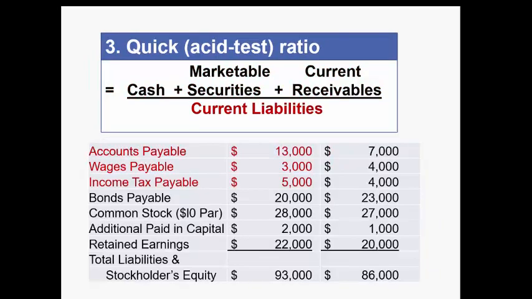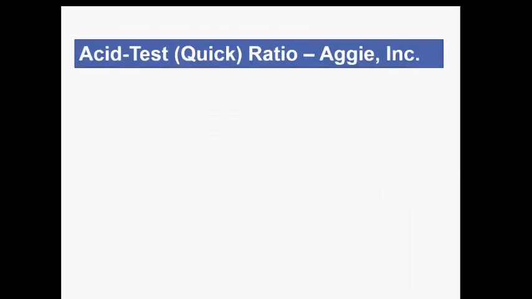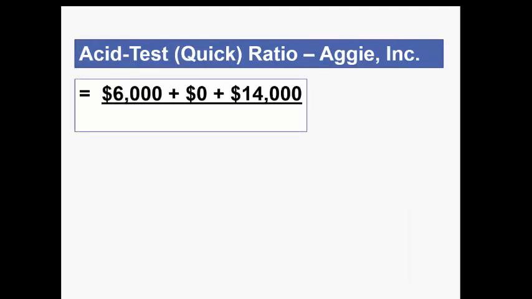Turning our focus to the current liabilities, you can see that accounts payable, wages payable, and taxes payable are the current liabilities. They add up to $21,000. So the denominator is the same as the current ratio. All right, so when we plug into our formula, it will look like this.